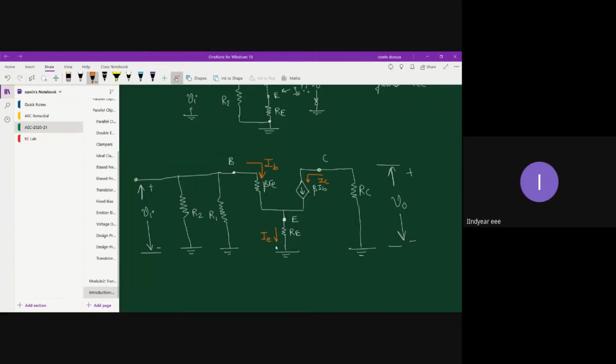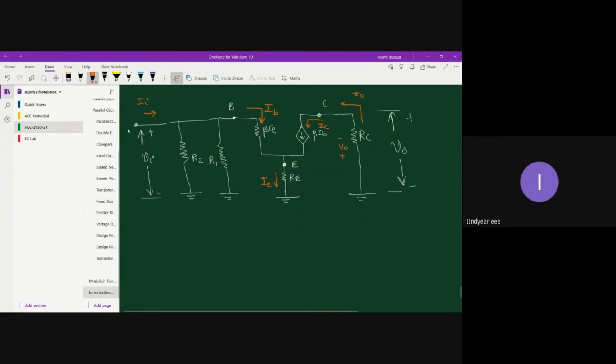There are 3 currents now. We'll mark the standard 2-port network currents also, Ii and Io. And remember, this current Io will produce Vo with opposite polarity. So obviously, when we write an expression for Vo, we are going to write it as negative Io into Zo.